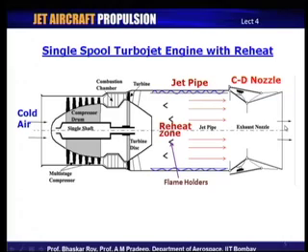You see, if you don't do that, the pressure over here is likely to go below the atmospheric pressure, in which case you are not going to have a jet flow coming out of this nozzle.